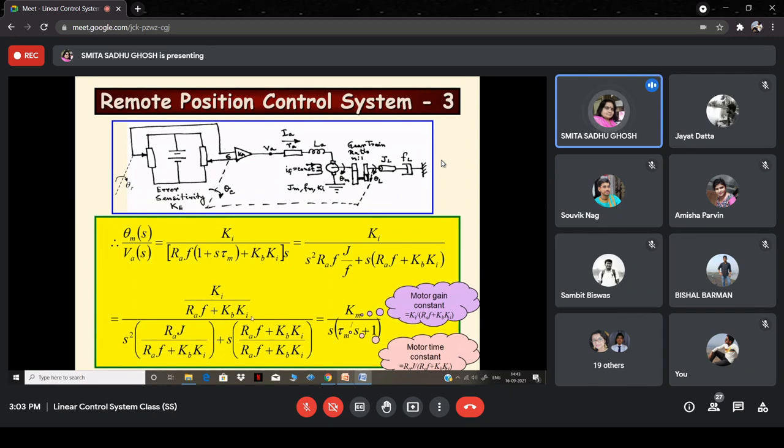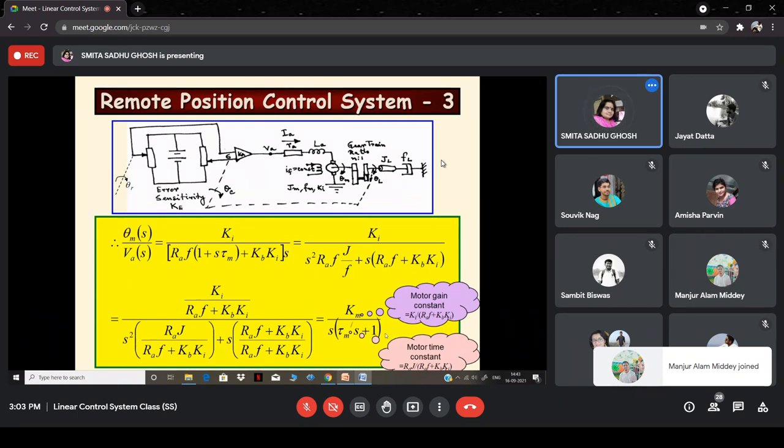So that enables us to simplify our model to a very simple model, which is this one. This is the entire DC servo motor model when considering the armature control mode. The entire portion of the system has been modeled as this Km by s into tau m prime s plus 1.